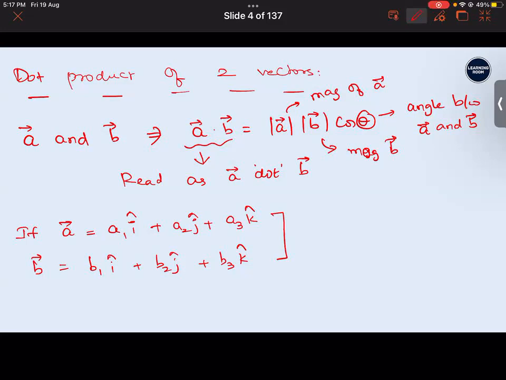Then A vector dot B vector is written as A1 i cap plus A2 j cap plus A3 k cap dot B1 i cap plus B2 j cap plus B3 k cap. Is that right?